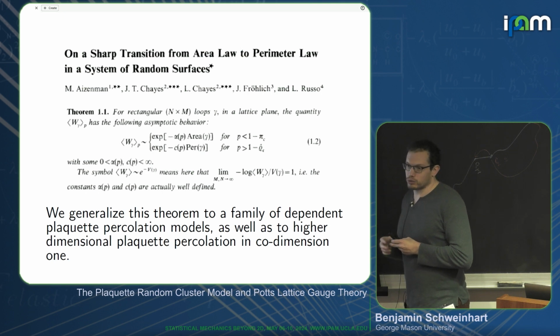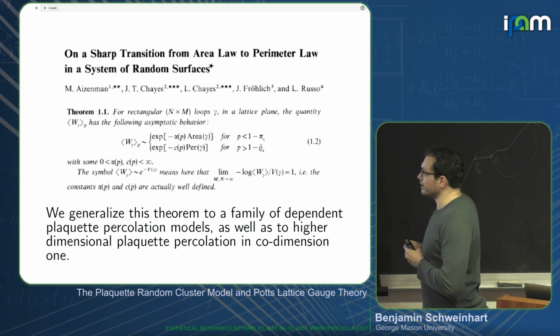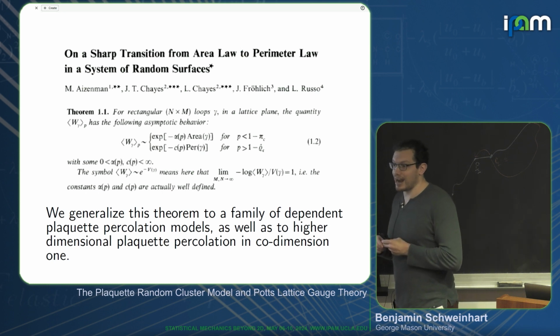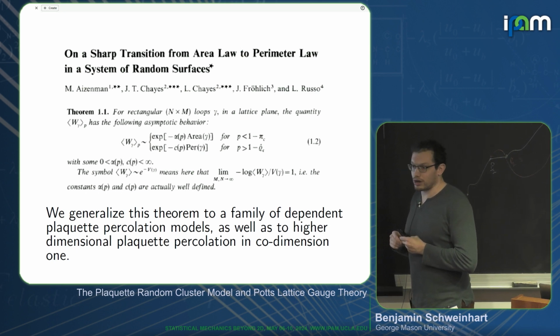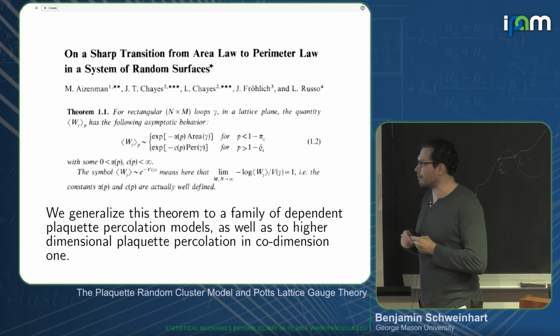In this subcritical regime, the probability your rectangle is bounded by a surface of plaquettes decays exponentially in the area of the rectangle. Whereas in the supercritical plaquette percolation regime, this is where your probability is greater than 1 minus the critical probability of bond percolation on Z^3, you have perimeter law decay in this probability.